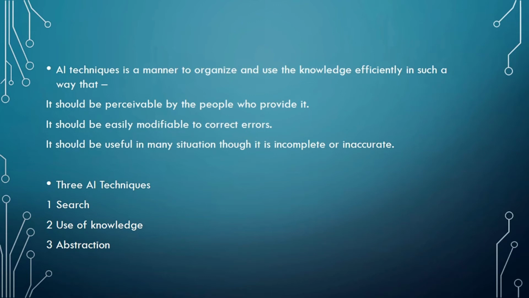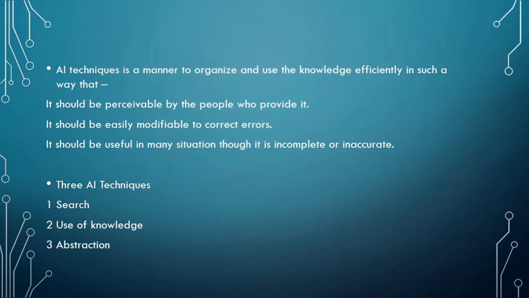So the third term is that data can be in such a manner that it can easily identify and give the result, although it is incomplete or inaccurate. So here is the definition of AI techniques.